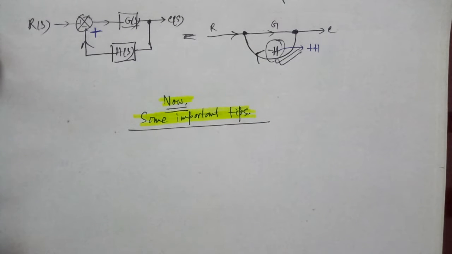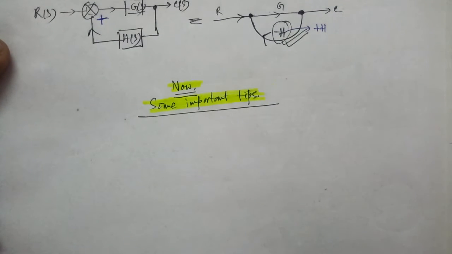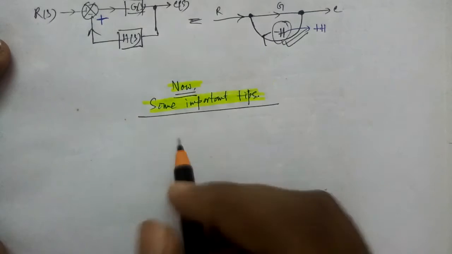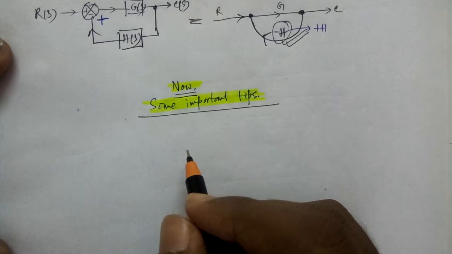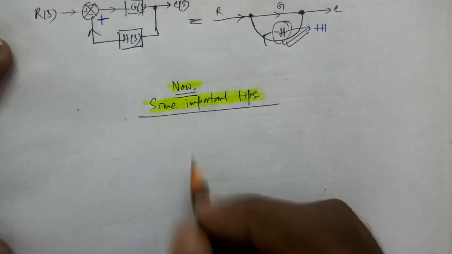Some points are now very important in this signal flow graph, and you always have to remember those points. And those are, there are actually three types of nodes. One is input node, one is output node, and another kind of node is mixed node.